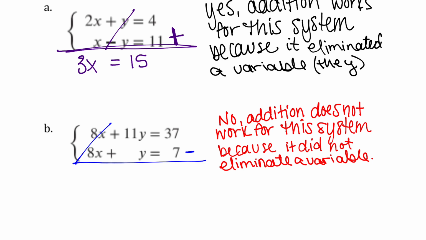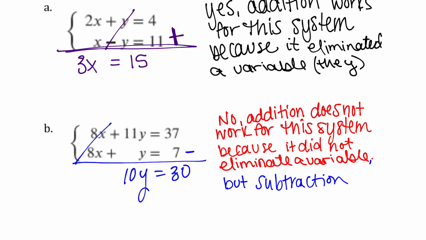10y. Okay. And what is 37 minus 7? 30. I'm going to say that subtraction would eliminate a variable.